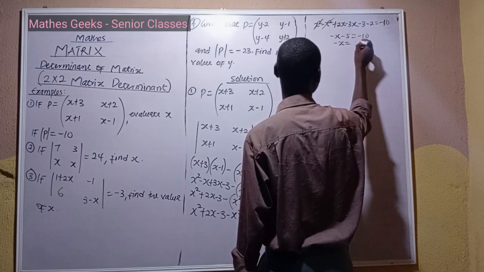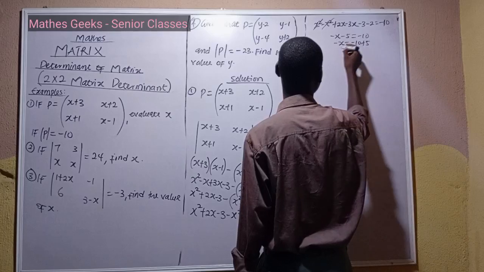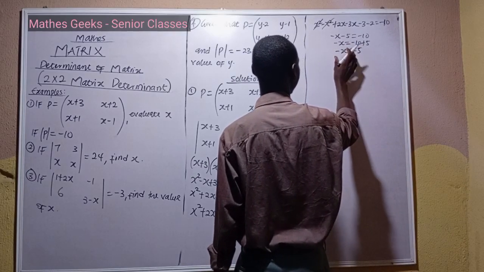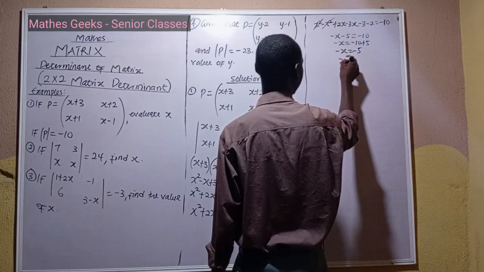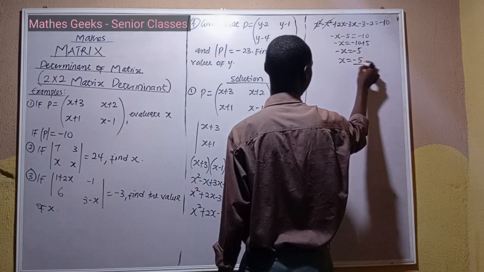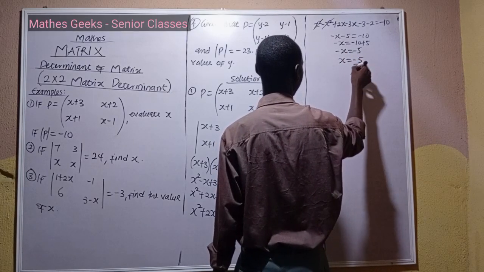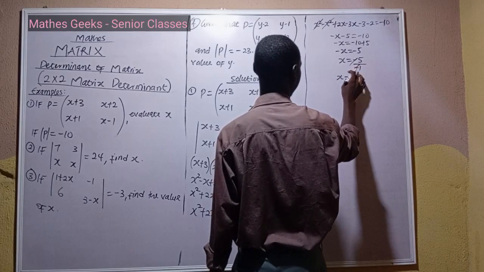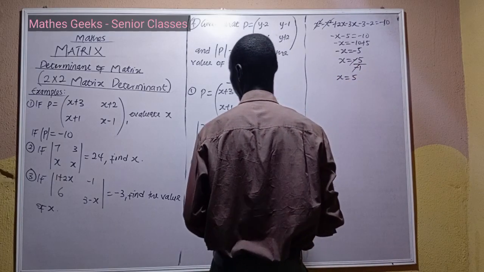So minus x equals minus 10 plus 5, minus x equals minus 5. The coefficient of x is minus 1, so x equals minus 5 over minus 1. The minus signs cancel out, 5 divided by 1 is 5. That's the answer for number 1.